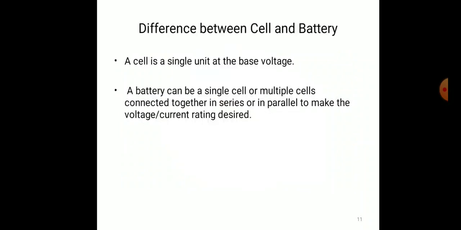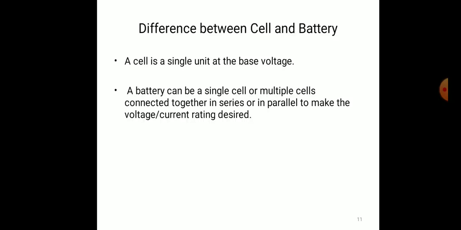Now we are going to discuss what a cell is and what a battery is, and also the difference between the cell and the battery. What is a cell? Generally a cell is a chemical body which has two electrodes, with charging capacity and discharging capacity.